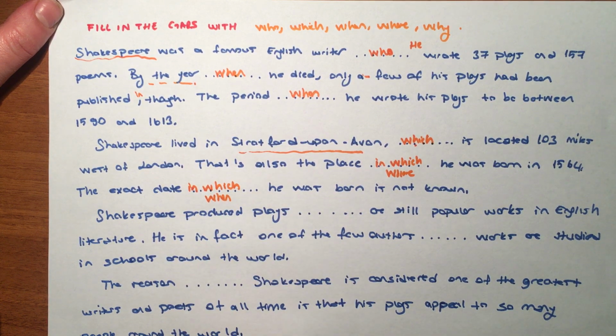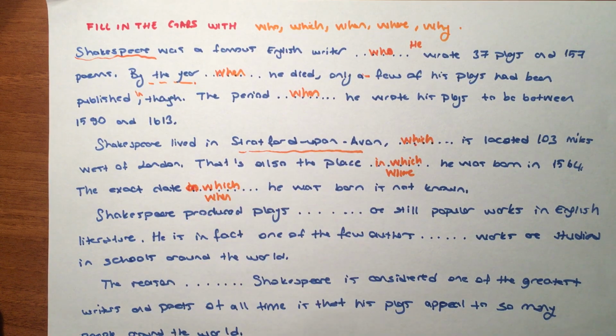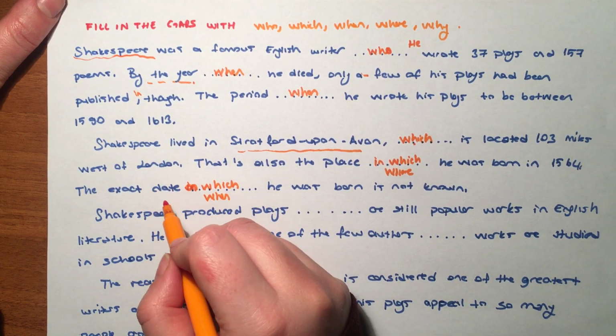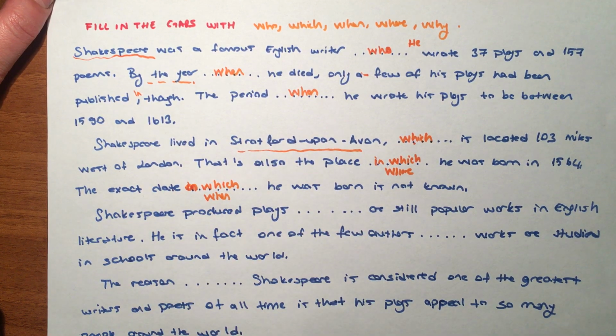Okay. Burada da zamandan bahsettiği için arkadaşlar ne kullandık? On which ya da when kullandık arkadaşlar. And yanlış yazmışız tabii ki. Onu düzeltiyoruz hemen. On which ya da when kullanıyoruz. Çünkü gün dedik arkadaşlar. Yıldan bahsetmiyoruz. Bir tarihten bahsettiğimiz için on which.